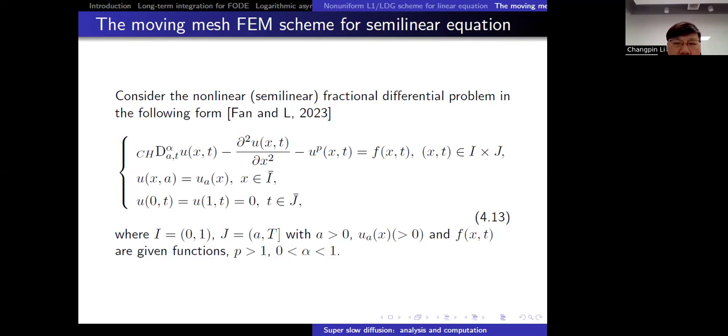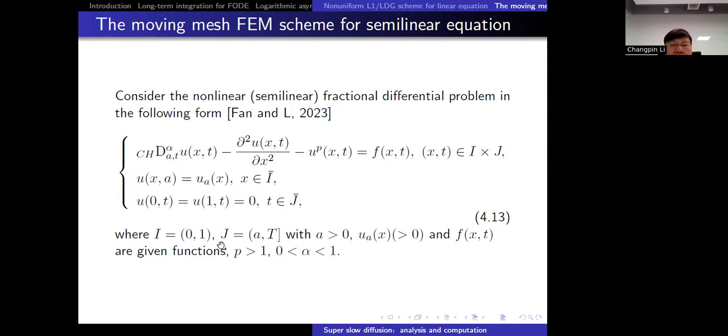So we choose this model: this is the Caputo-Hadamard derivative in time, and this is the spatial derivative, and u to the power p. Here p is the power, not the index of space. And this is the initial value, and this is the boundary value, which is homogeneous.